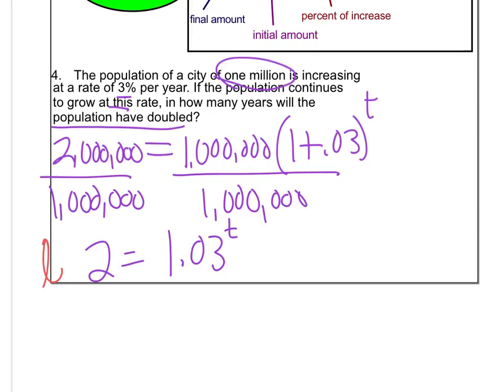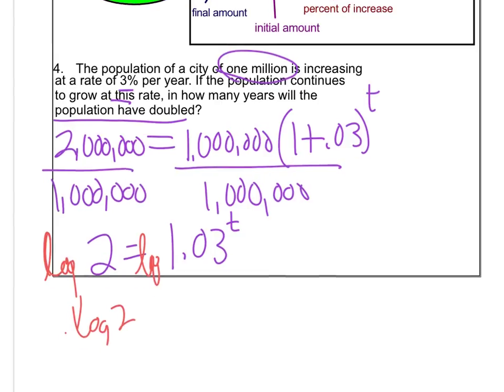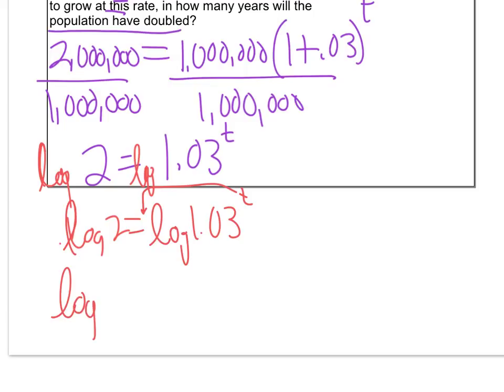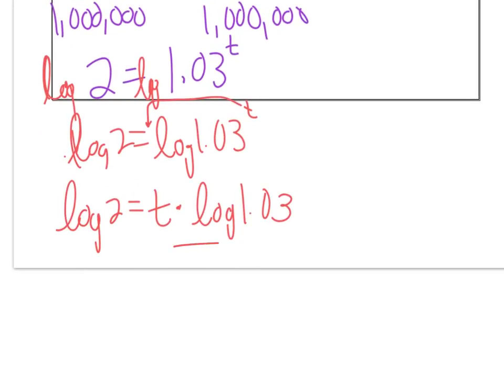Now, bring in your logs. Let me back up here. Log of 2 equals log of 1.03 raised to the t. But now this t can move over here. So then divide.